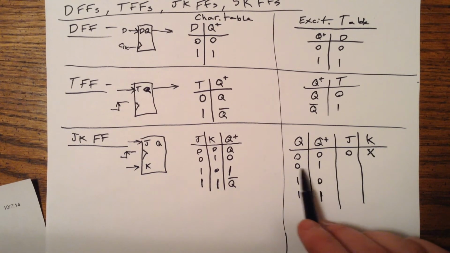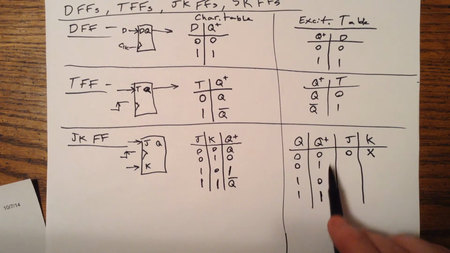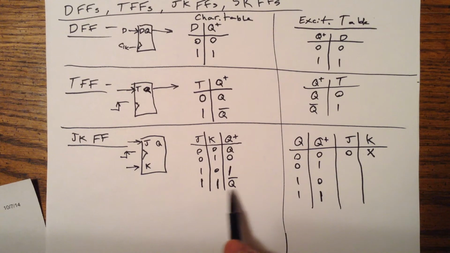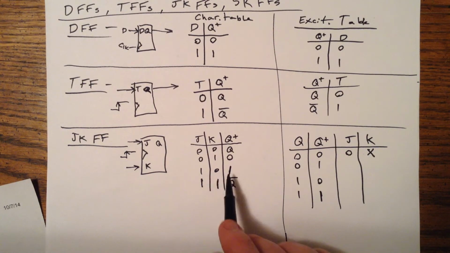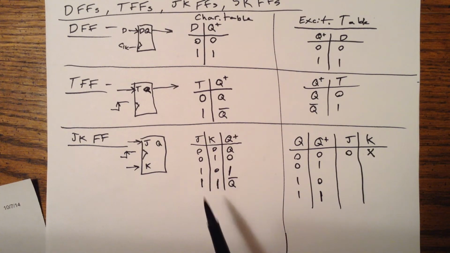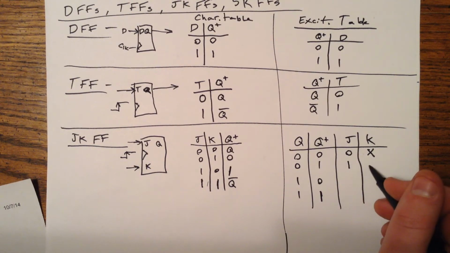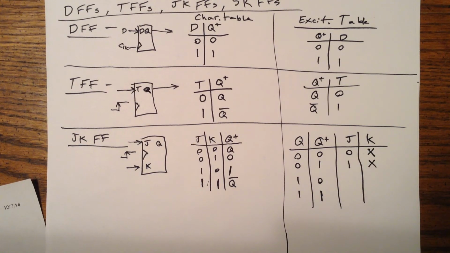If you're knotting it, the knot of Q being Q plus, 0 to 1, this one could work. Or we could just be setting it. You see how K still doesn't matter? It could be a 0 or a 1. But in both cases, J is always a 1. So we can say 1 and don't care for K. You see how this is kind of working out for us here. It's getting a little bit more simple.